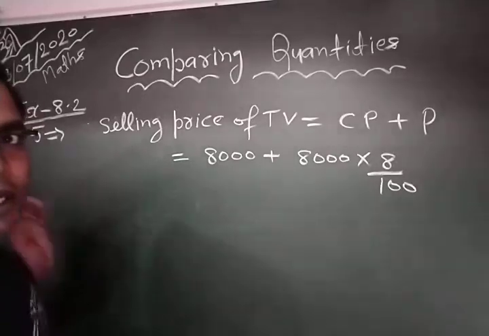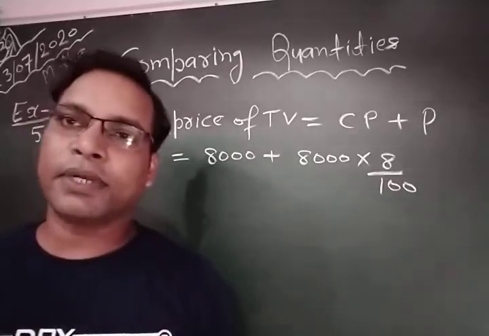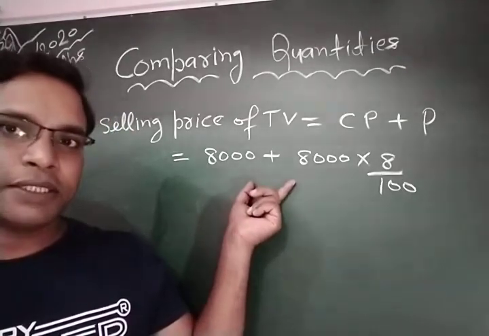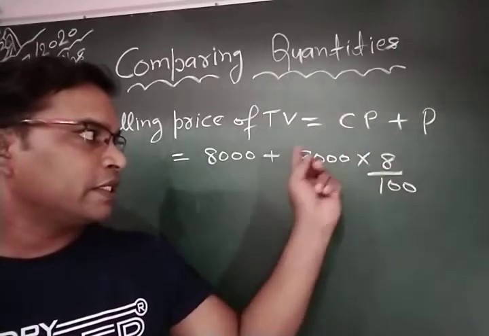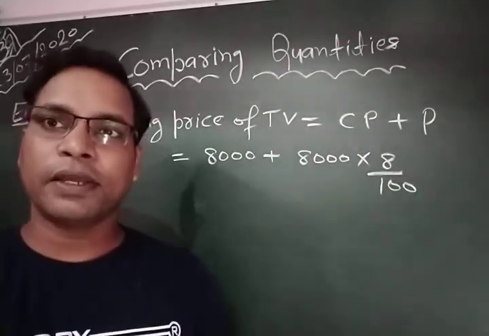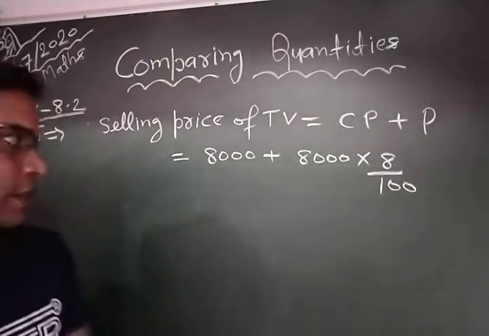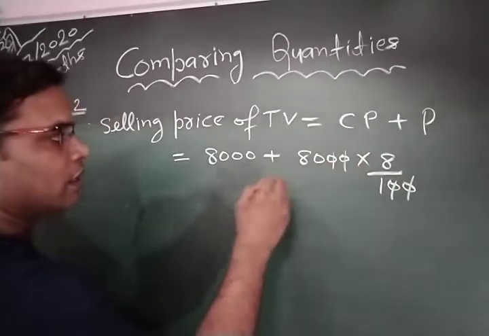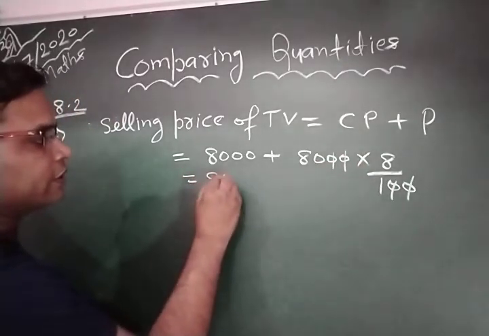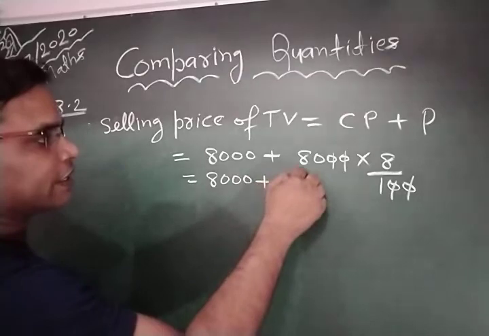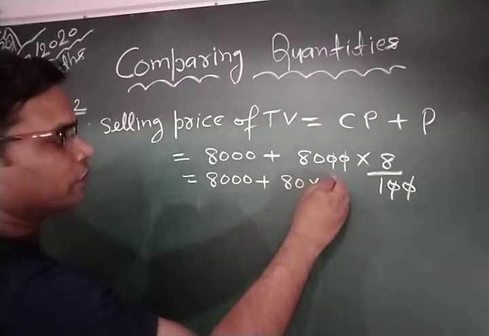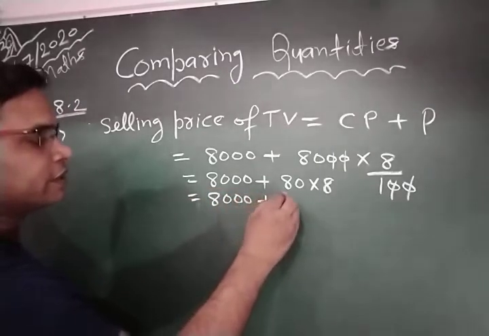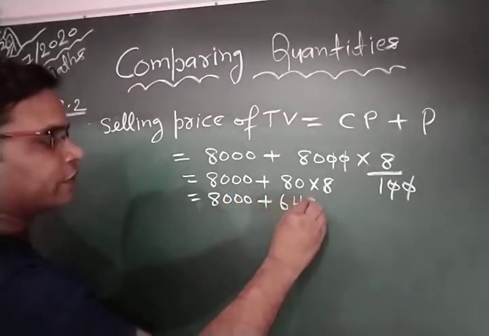We find the percentage on the cost price. Here you can cancel the zeros. Now we obtain 8,000 plus 80 into 8, which is equal to 8,000 plus 640.